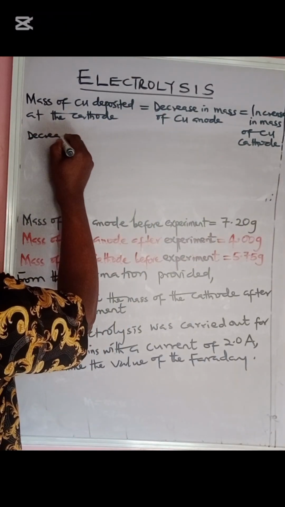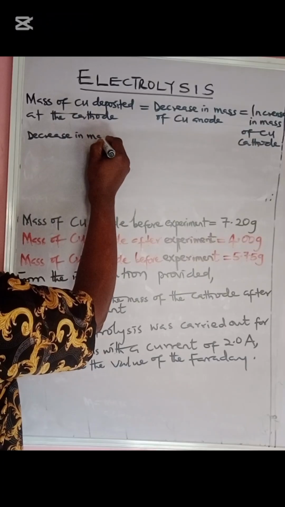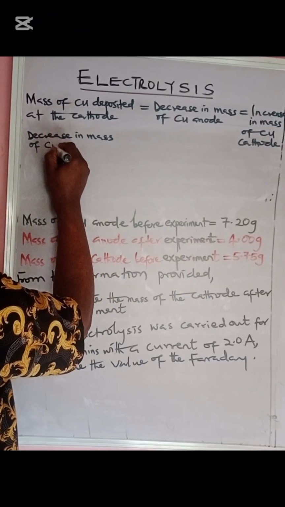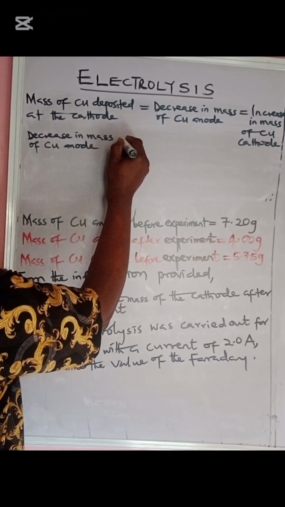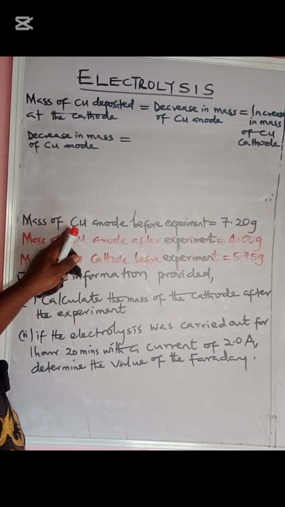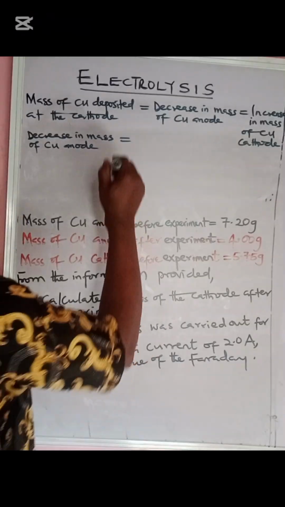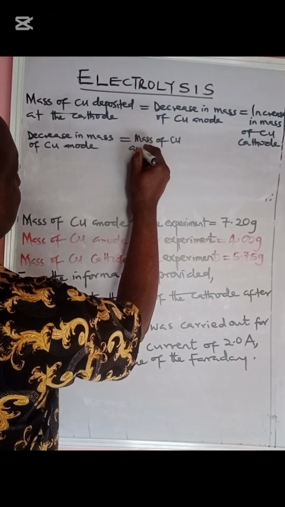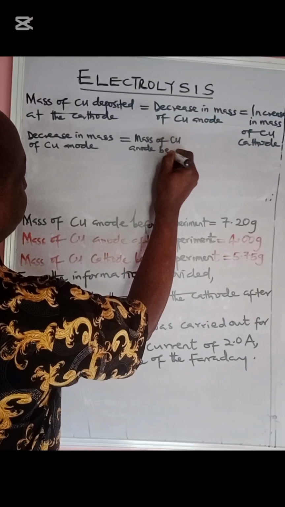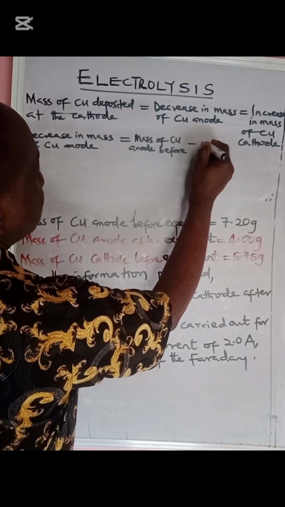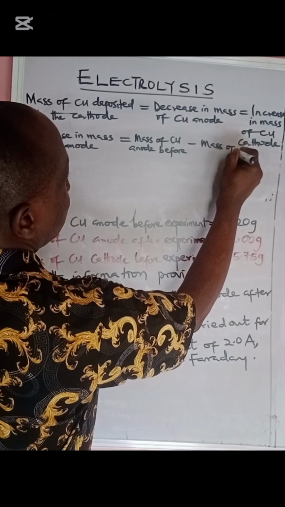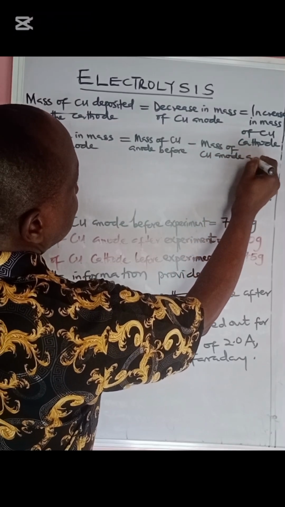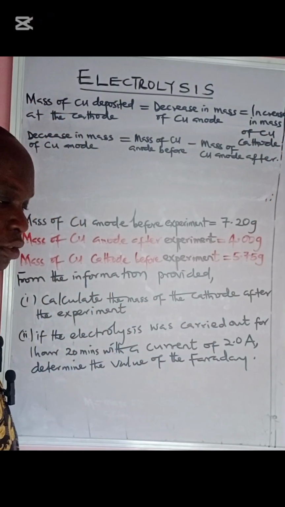The decrease in mass of copper anode will be mass of copper anode before the experiment minus mass of copper anode after the experiment.